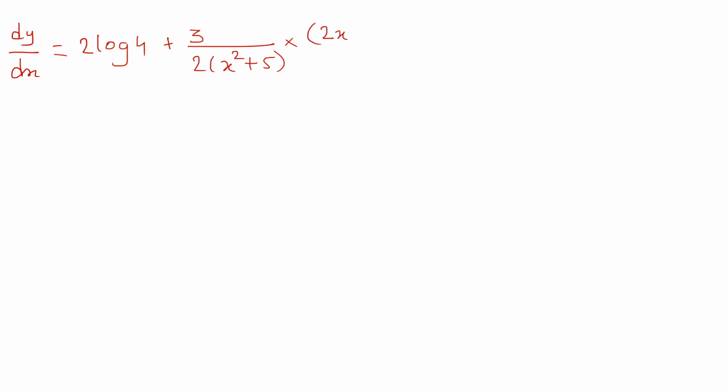Derivative of x square is 2x, derivative of 5 is 0. Minus 3 upon 4 into 2x cube minus 4 into derivative of 2x cube minus 4: 2 is as it is, derivative of x cube is 3x square, derivative of 4 is 0.